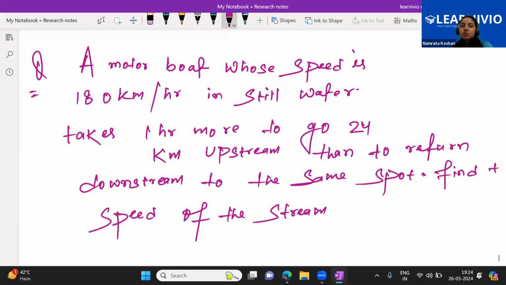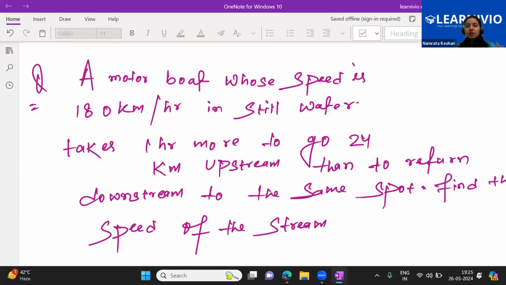Now, to solve this one, we must have an understanding of upstream and downstream. Okay, the motorboat is going and coming. To and fro journey is mentioned over here. There is a relation between speed, distance, and time. Do you know that relation?